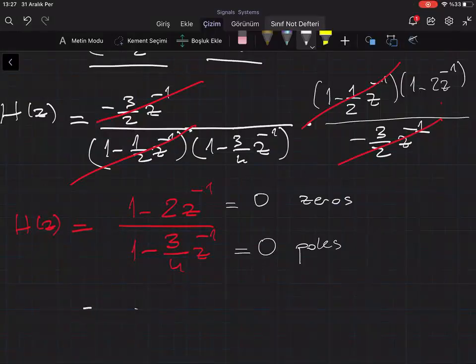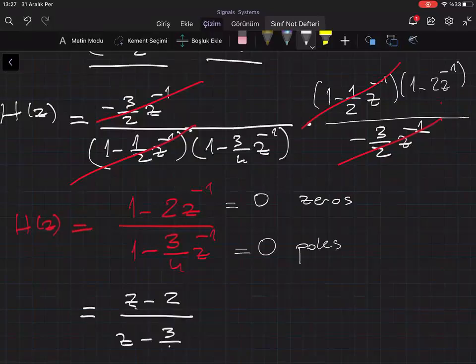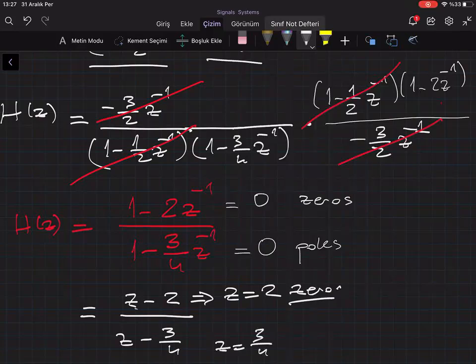How do I continue? I multiply both sides by z. Z minus 2 divided by z minus 3 over 4. So it is a lot easier here. Z equals 2 will give me my zero. And z equals 3 over 4 will give me my pole.